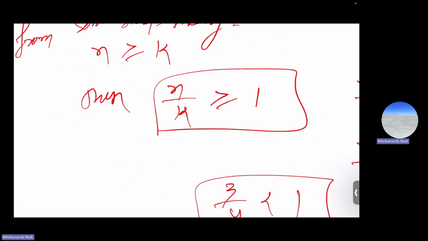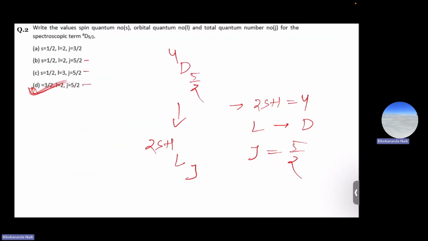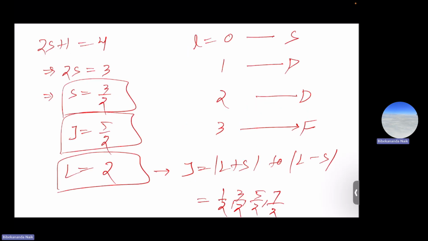If you remember, in the earlier case it was 4 and we got 4 values: 1 by 2, 3 by 2, 5 by 2 and 7 by 2. So basically this shows the multiplicity, that is, how many labels have the same value of S and the same value of L, but different values of J depending upon the orientation.